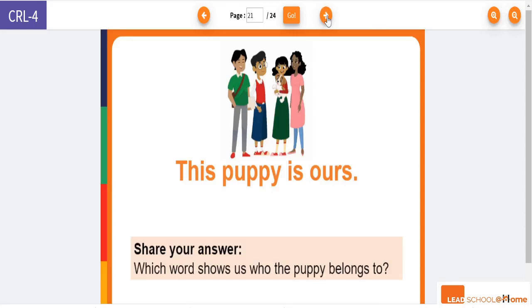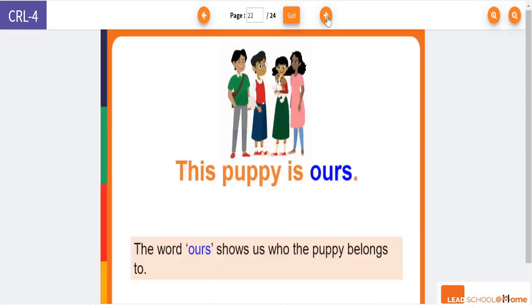This puppy is ours. Which word shows us who the puppy belongs to? How do we know whom the puppy belongs to? The word ours, right, absolutely right. When we say ours, it means that the puppy belongs to us.